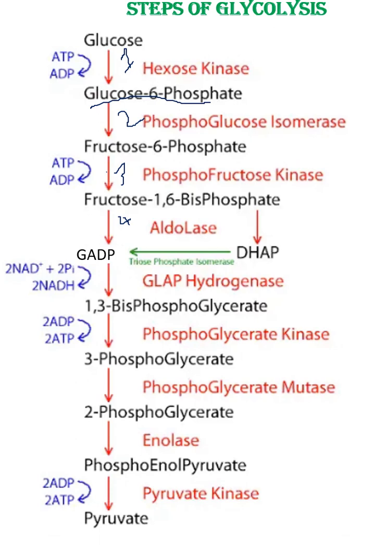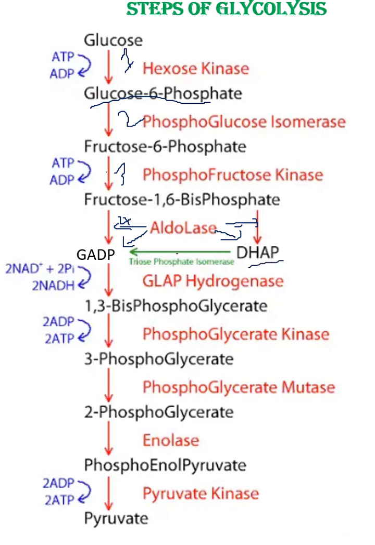Here is the enzyme aldolase. Aldolase is a lyase enzyme that will split fructose 1,6-bisphosphate into glyceraldehyde 3-phosphate, or GADP, and a molecule of dihydroxyacetone phosphate, or DHAP.